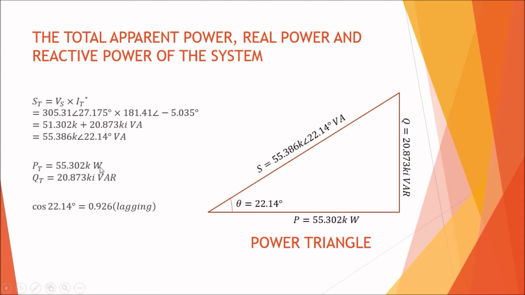And then this one is the value of the true power, 55.302 kilowatt, and this one is the value of reactive power. These two values we get from the imaginary form of apparent power, and then we form the power triangle.